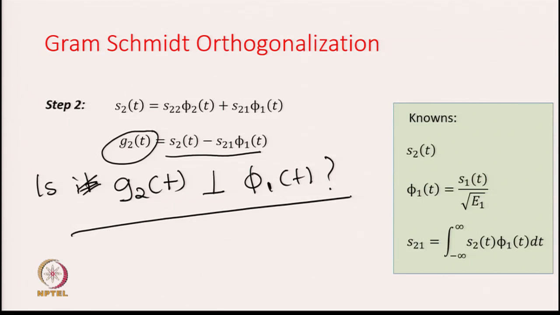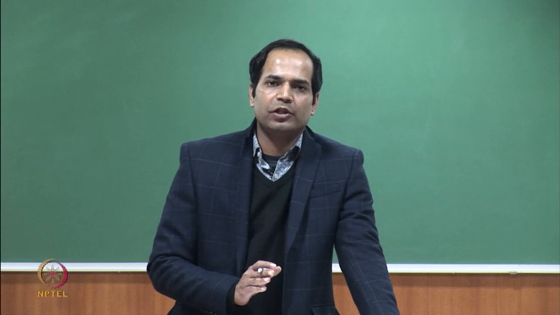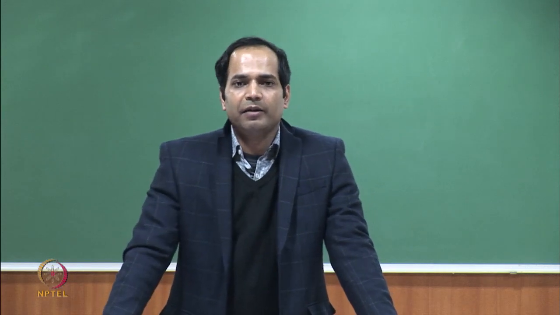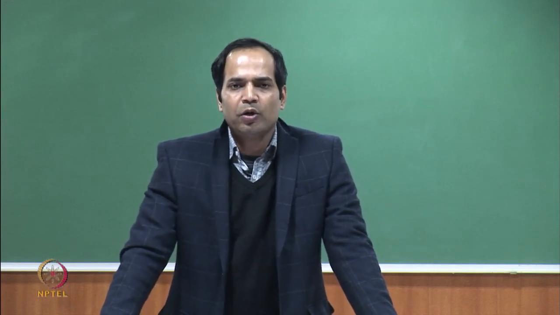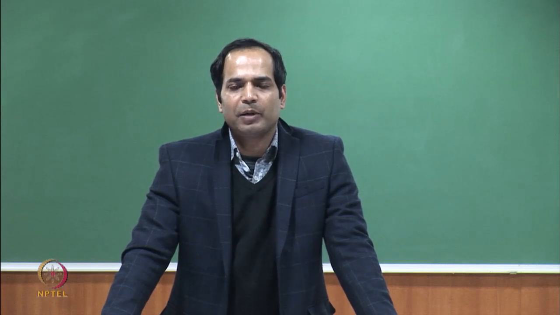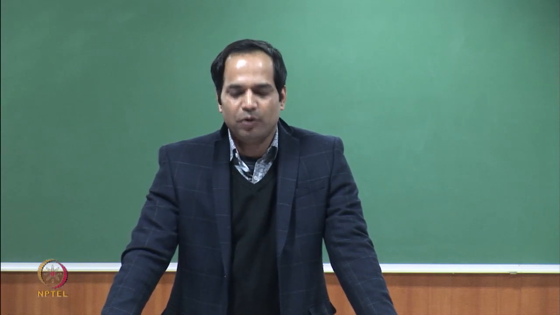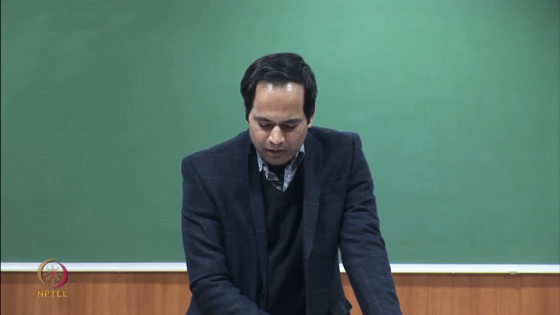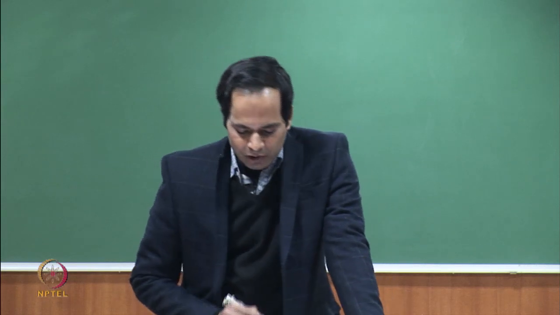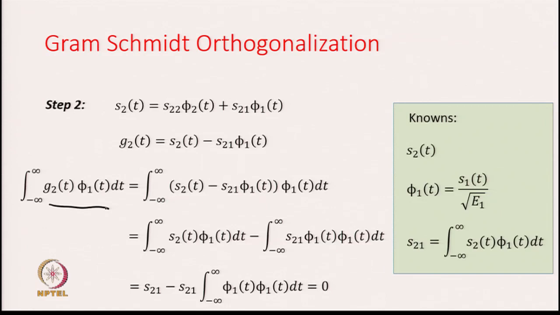We can check this out by finding the inner product of g 2 t with phi 1 t, and if that inner product turns out to be 0, we will be sure that g 2 t is perpendicular to phi 1 t. Okay. So, let us work this out. We are trying to compute the inner product of g 2 t with phi 1 t. So, here we can plug in the value of g 2 t, which is this, multiply this with phi 1 t, again there are no conjugates and things like that because everything is real, and then we can work out this integration.